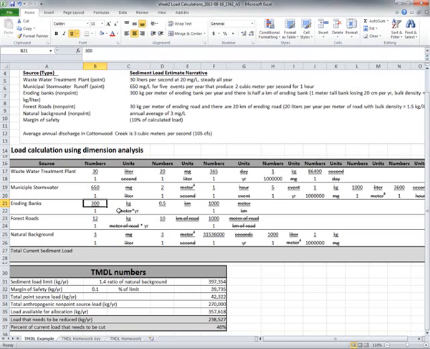We can roll through different scenarios of sediment pollution reduction and think about the costs associated with those and really put things in context from a management perspective.